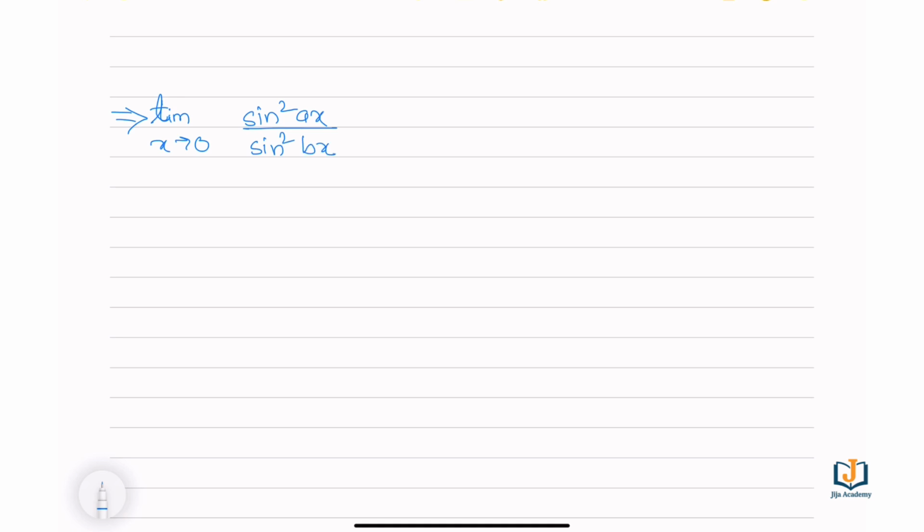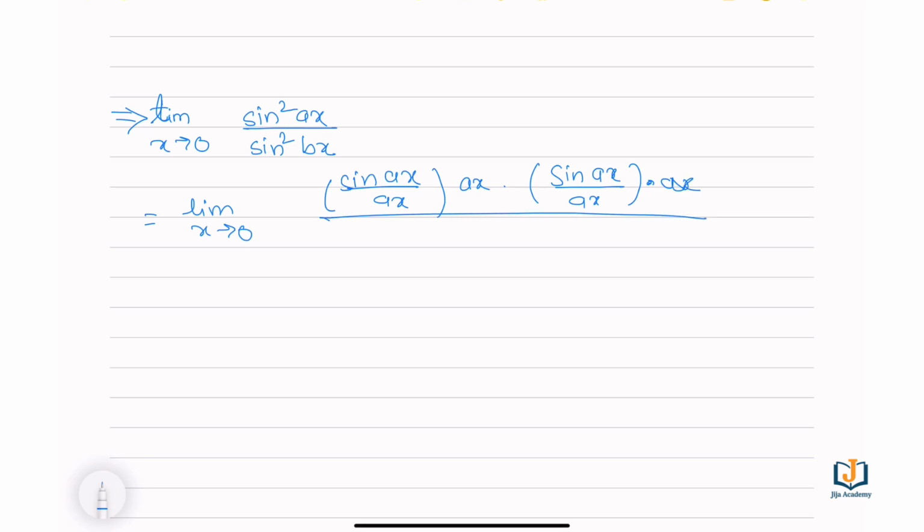So we are writing this limit x tends to 0 sin ax upon ax into ax into sin ax upon ax into ax, divided by sin bx upon bx into bx into sin bx upon bx into bx.